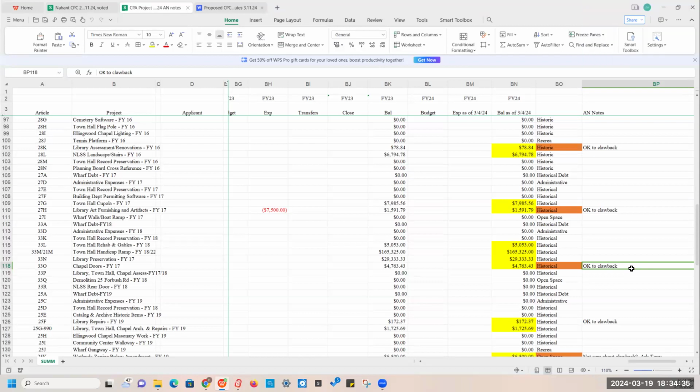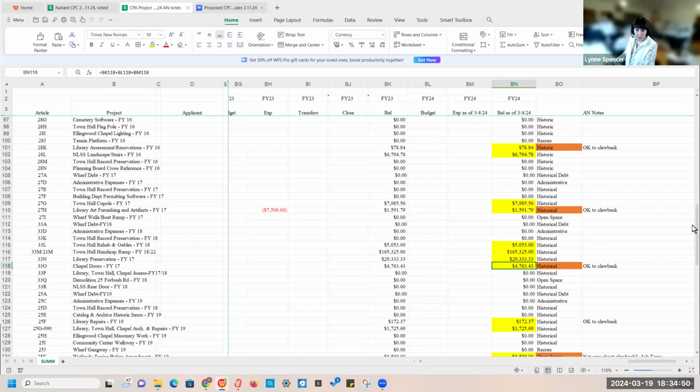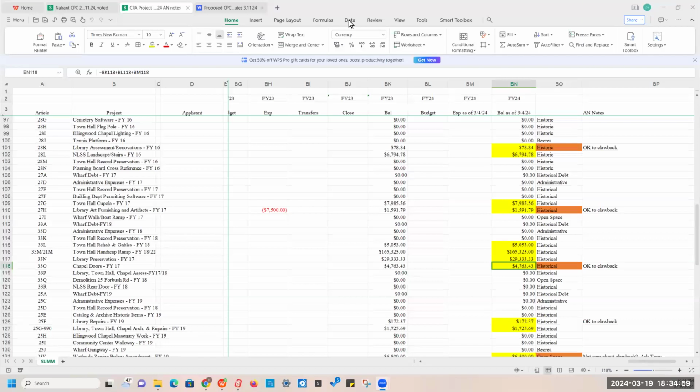How much is that? It's $4,763.43. Well, I would keep that in there because I know that door needs to be fixed. All right. I hear you on that, and I agree. I remember it's at the bottom of an areaway, folks, so it is in a bad location for getting rot.